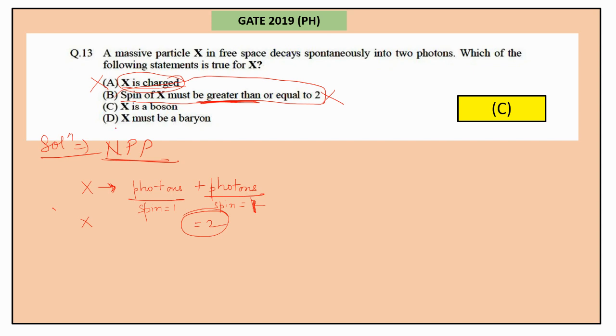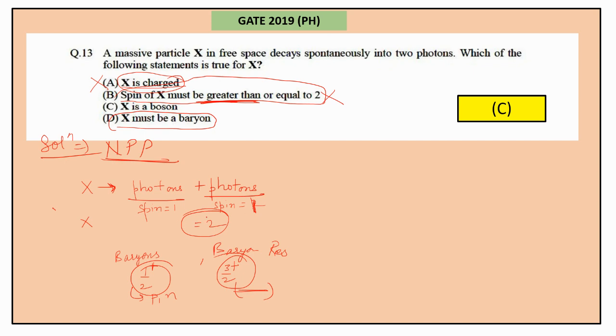Now D is X must be a baryon. So in the last class, we learnt about baryons, and we know that there are two kinds of baryons and baryon resonances, right? One is angular momentum 1 by 2 with parity plus, and the other one is 3 by 2 positive. Okay, proton and neutron come under this.